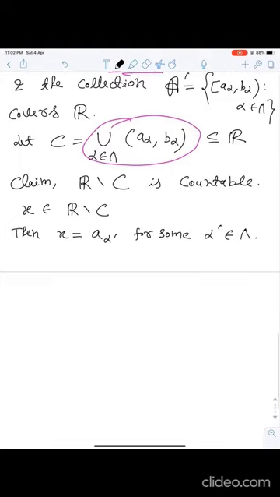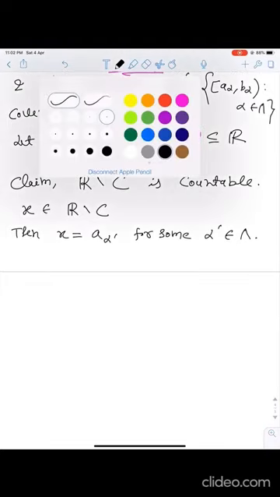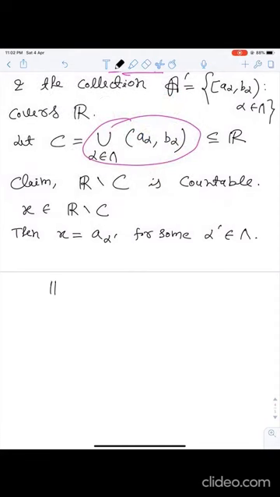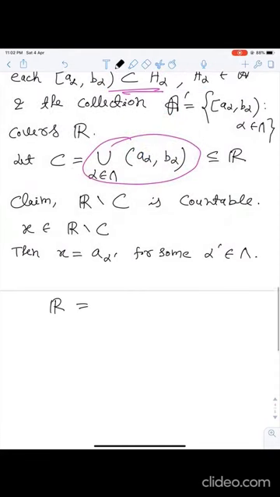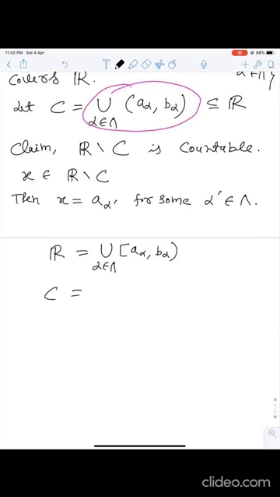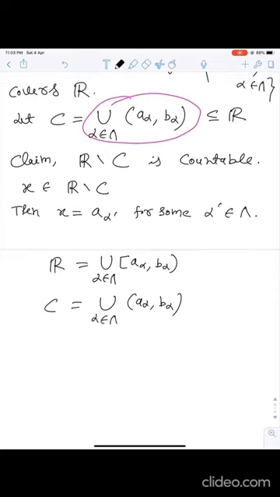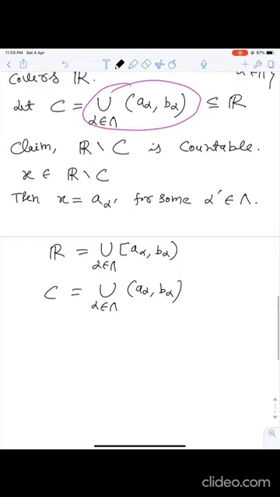Because just note that R is covered by this set, R equals the union of all of these sets, and C is an element of this. That means this is my R and this is my C, and we are constructing C by deleting some A alpha only. That means R minus C.